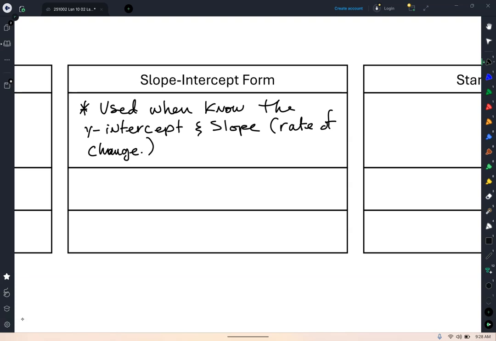Now, try to set your notes up the way that I do, because I'm going to write different things in different spaces. So I'm going to offset this just a little bit here to the left. So here's our generic slope-intercept format.